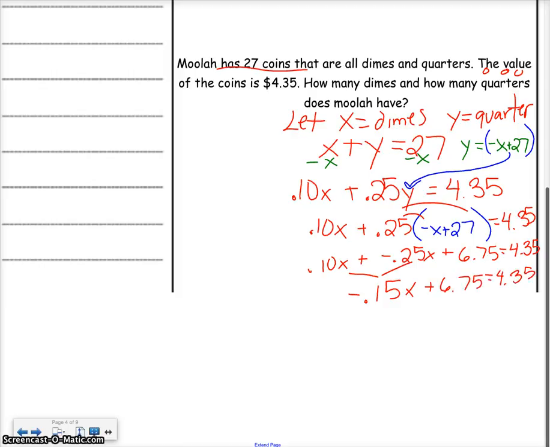Now you might be saying to yourself right now, that doesn't even make sense because we're talking about dimes. How can I even have negative dimes? Well, just you wait, it's going to turn positive. Minus 6.75.